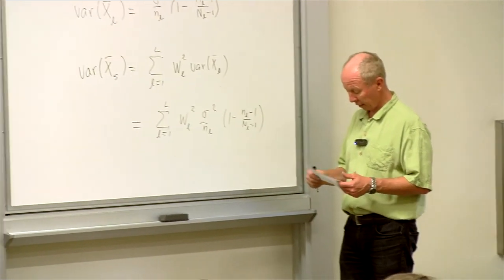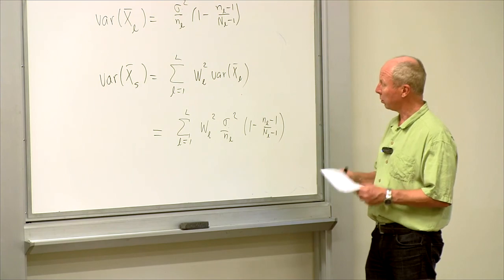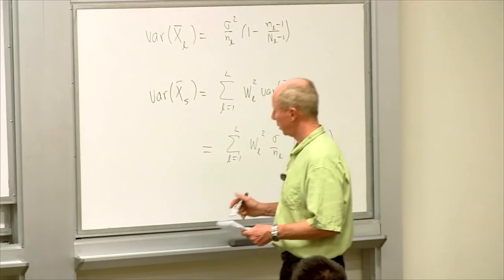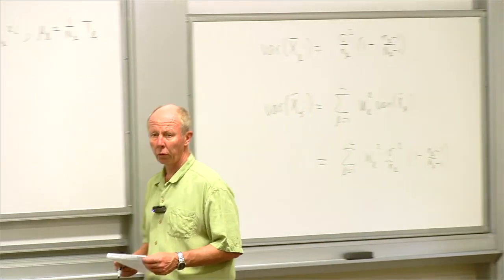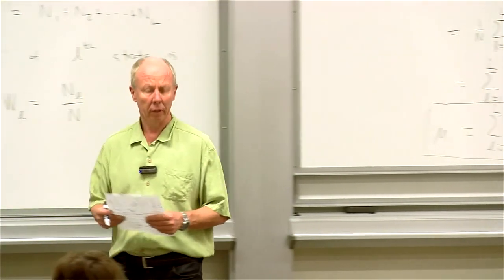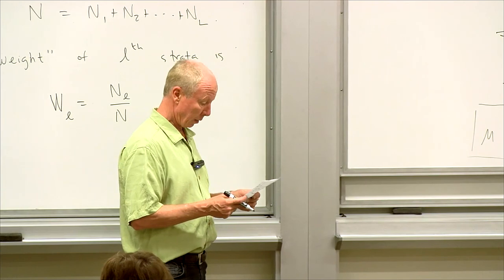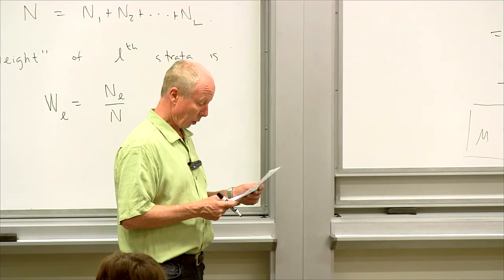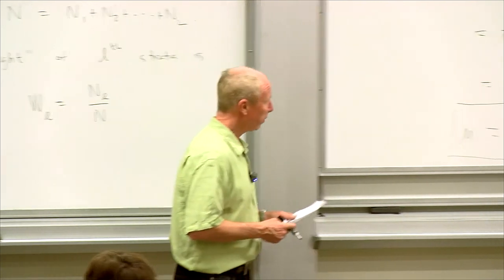Okay, so we did all this last time. There are simple corrections for totals that I'll let you look up in the book. Okay, now, so there's our variance.